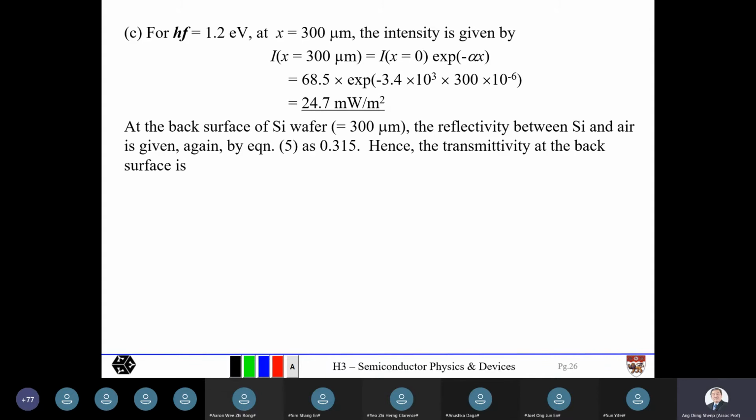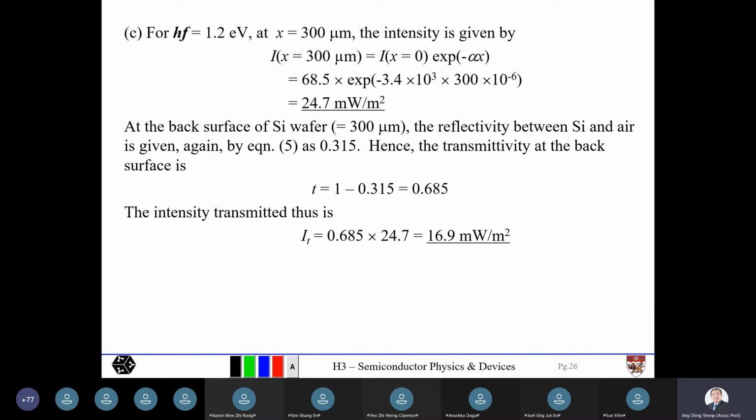To calculate the amount of light that actually can escape back to air, you need to consider the reflectivity between silicon and air again. You do not have to calculate this again because we already calculated it earlier. So the transmittivity will be 0.685, times 24.7, which gives you the amount of light transmitted back into air.